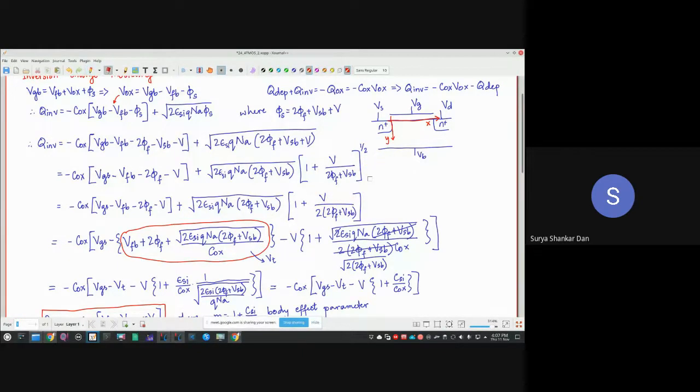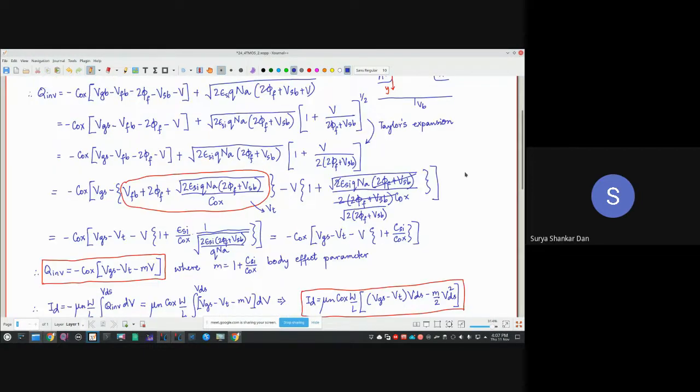So what is this? This is again Taylor's expansion. Once we have that, where is the gradual channel approximation coming into the picture? Notice that you are not ending up with any V squared term as was the case in the previous approach.